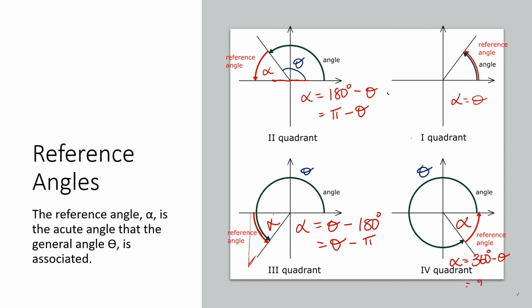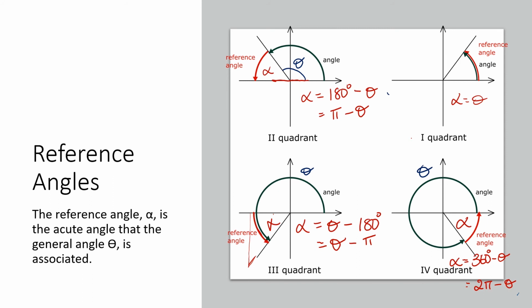And in radians, this will be 2 pi minus theta. So this is how we find our reference angle, or the acute angle that relates to our general angle. When we learned about sine theta, cosine theta, tan theta in Form 3 or Form 4, and learned how to find them using our right angle triangle, that was only limited to acute angles.